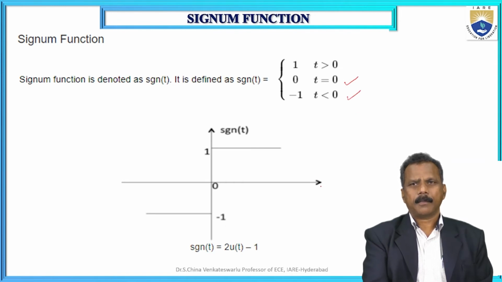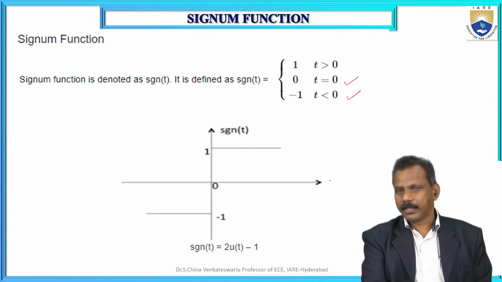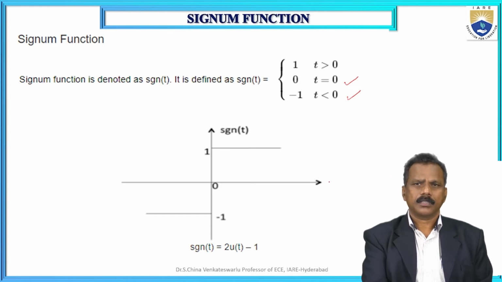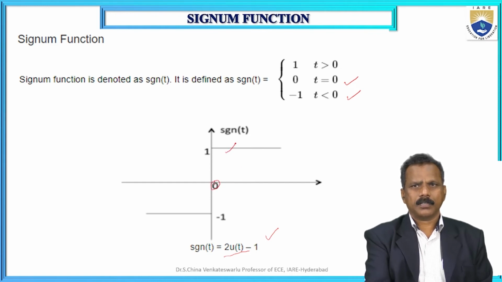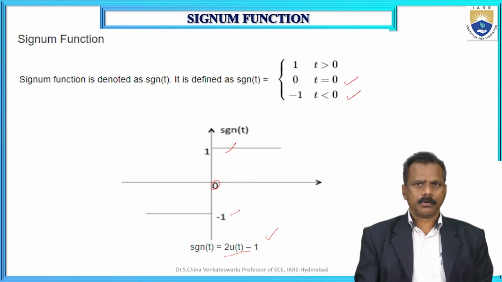So signum of t is represented like this, and signum of t is equal to 2 u of t minus 1.